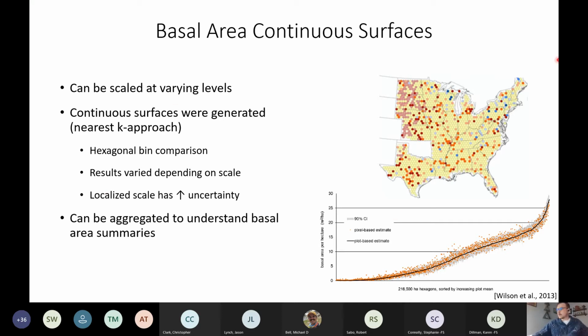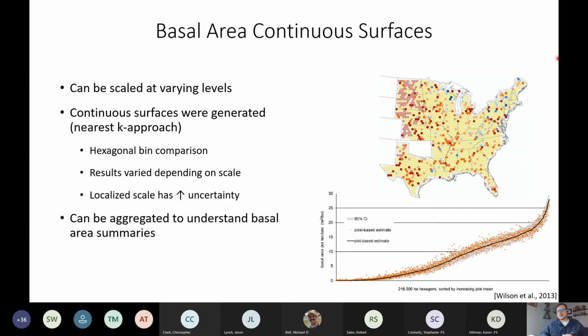There are some considerations that you need to make. But most importantly, the localized scale actually has higher uncertainty. So you might be estimating that there is a certain amount of basal area for a tree within an area, but it may or may not be present due to some of the approaches, or that estimate may be slightly off. But essentially, you can aggregate these continuous surfaces to understand a total basal area.